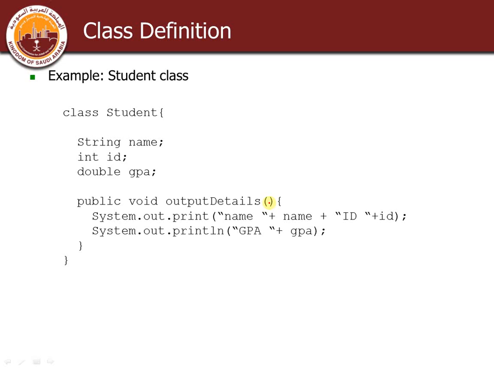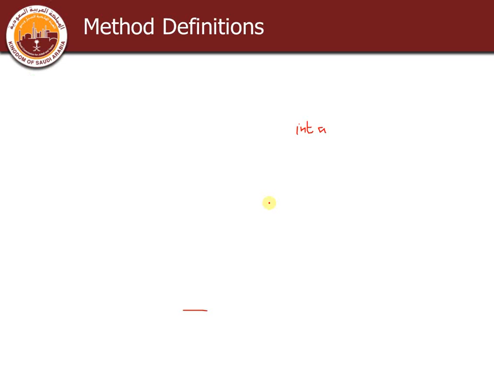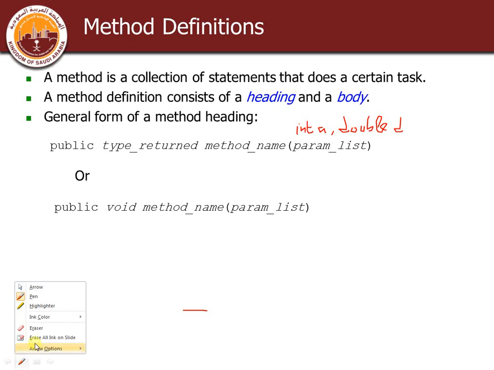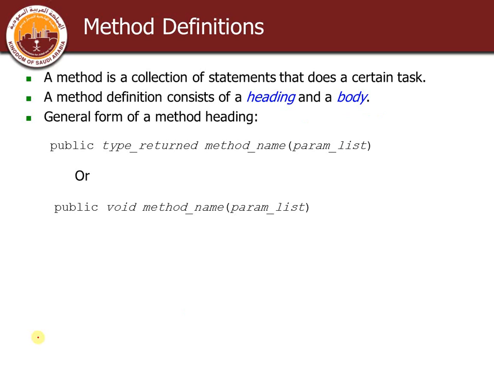That means it doesn't have any parameter. It doesn't need any parameter. While here, I might have one, or two, or three, or more, depending on the programmer's need. So I can have data type, name, comma, data type, name, comma, and so on, as much as I need. We're going to talk about that later as well, but just know that there is a list of parameters that I can put between the parentheses in the method, after the method name.